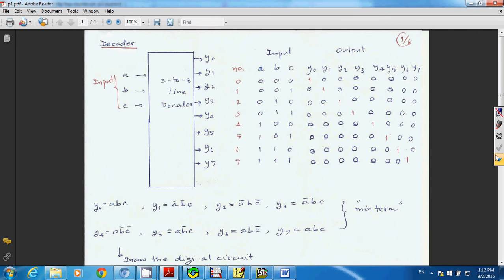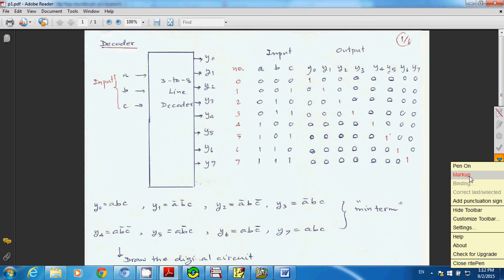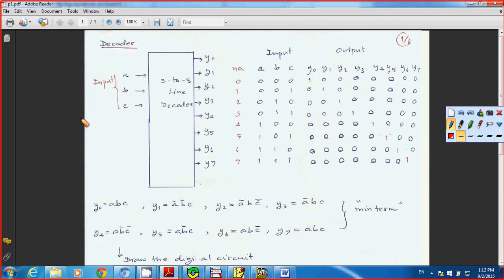For a 3 bit input you are going to have all the combinations, 2 to the power 3, equal to 8. So that's why you end up with the outputs Y0 to Y7.